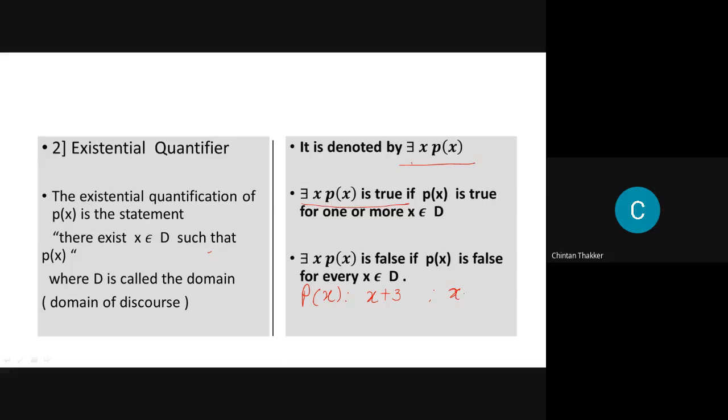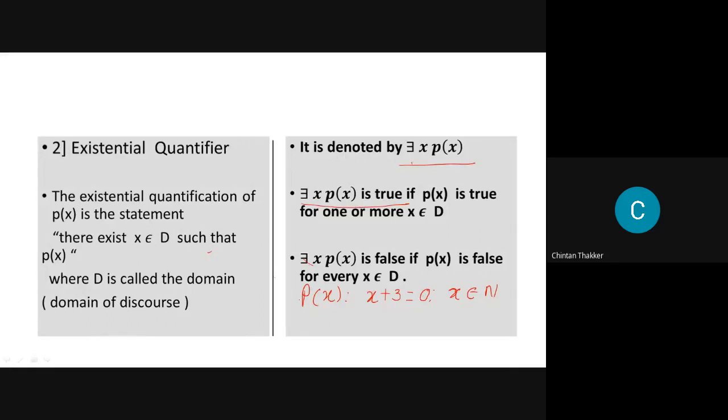Here D is x belongs to N. Then for all values of x, P of x is false.